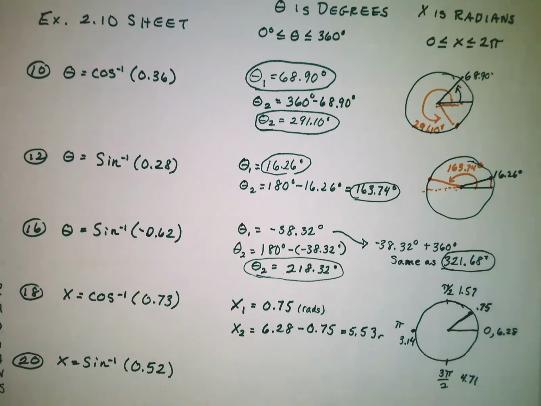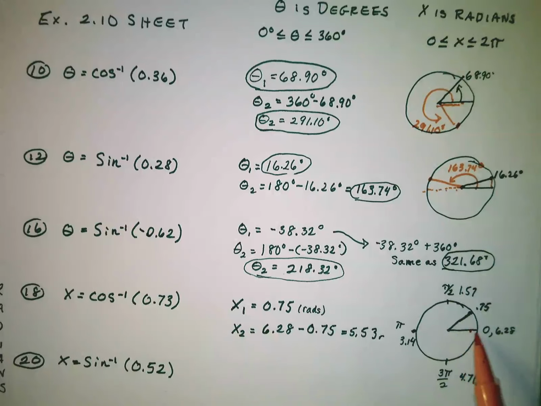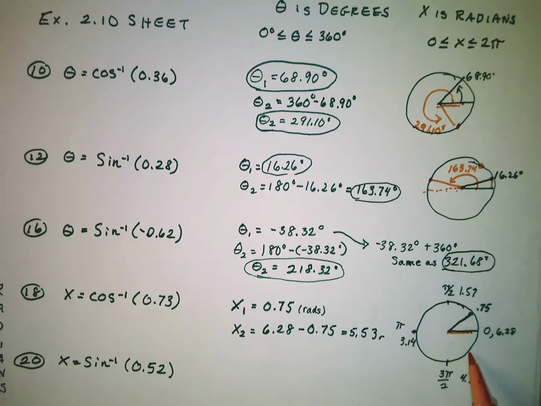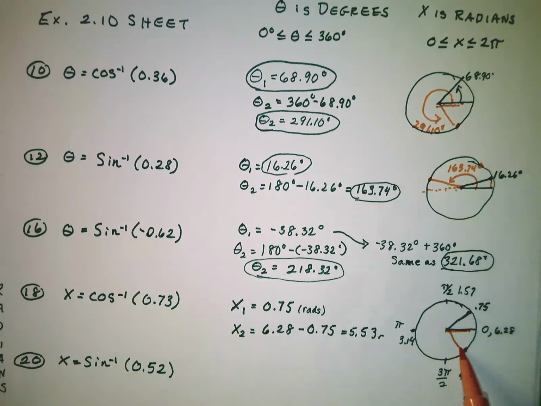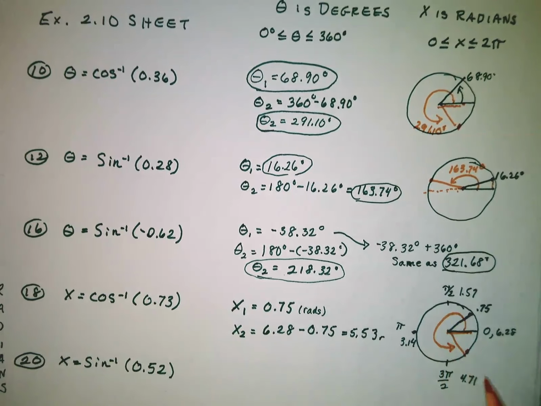And there's another angle in the circle with that same cosine value. Cosines being the x's. So we want another angle that's got that same cosine value. Maybe right about here. So we'd be coming all the way around to here.